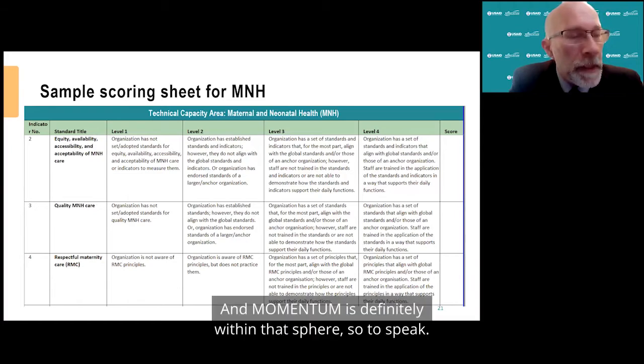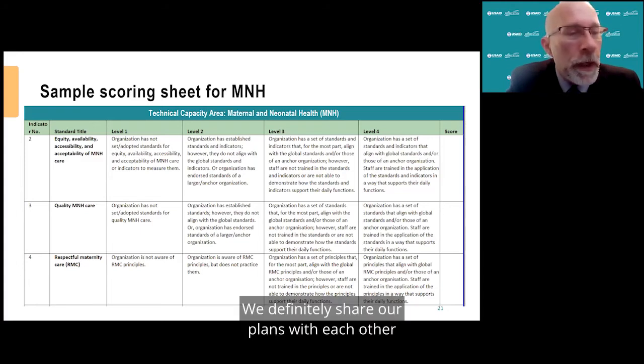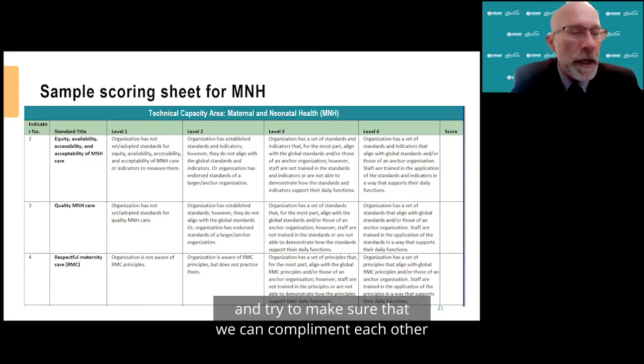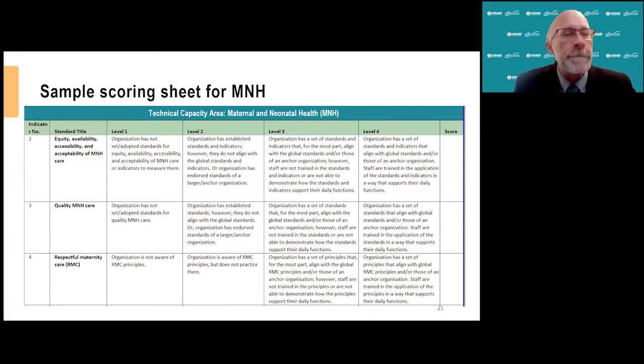And Momentum is definitely within that sphere, so to speak. We definitely share our plans with each other and try to make sure that we can complement each other to the extent possible within different countries. So that's, in a general sense.